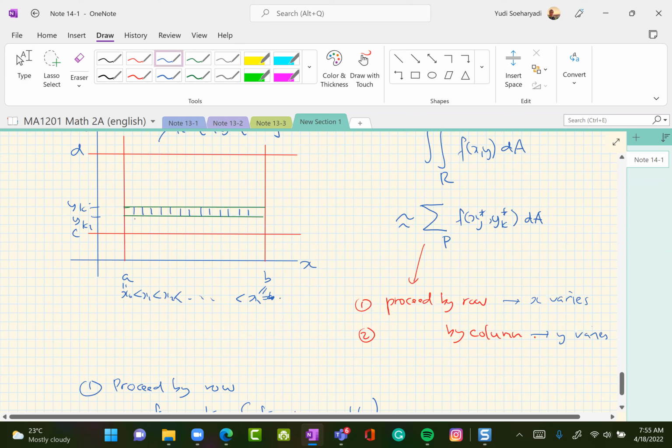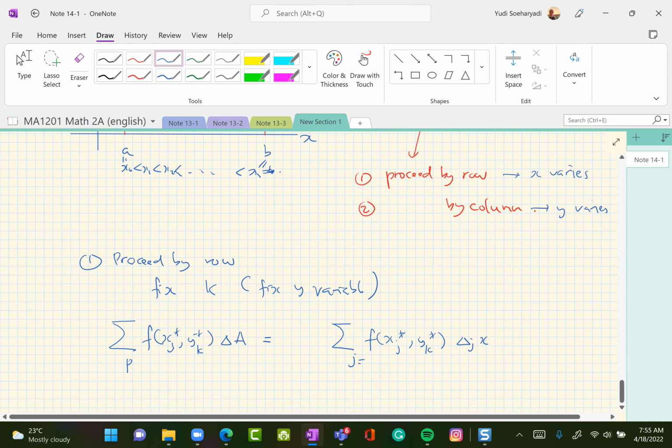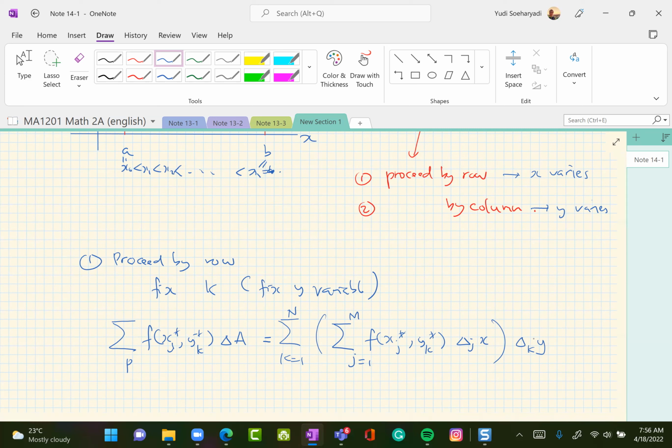This is going by row. So this is column 1, column 2, column 3, and so forth, from j equals 1 till say m. And then you sum the column. So this is how we proceed by row.